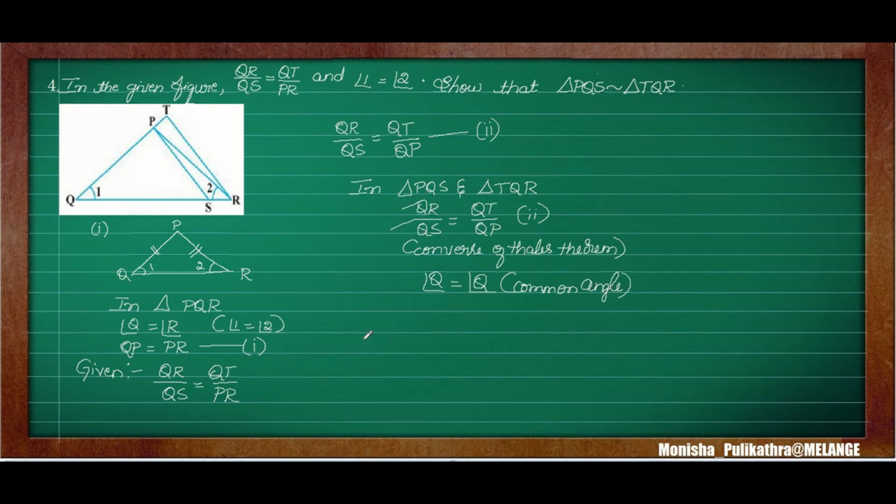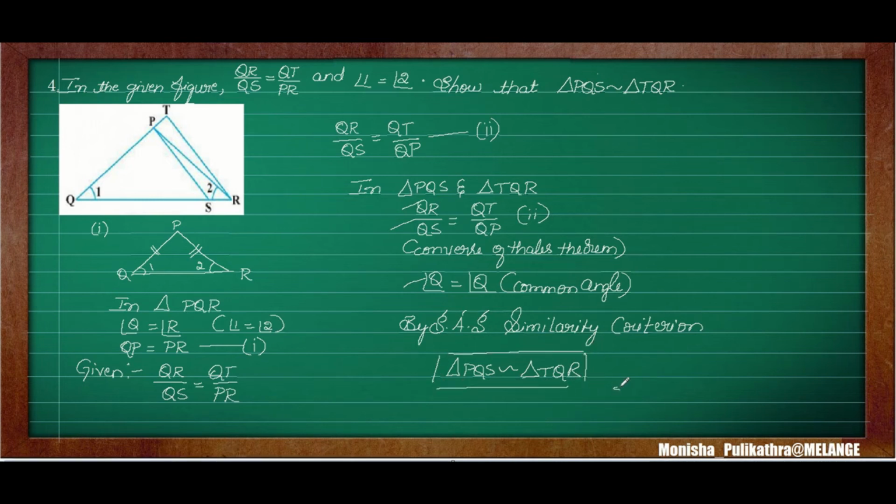Since two sides are proportional and one angle is equal, by SAS similarity criterion, side, angle, side, triangle PQS is similar to triangle TQR. So this is what we need to prove here. So write it down, hence proved.